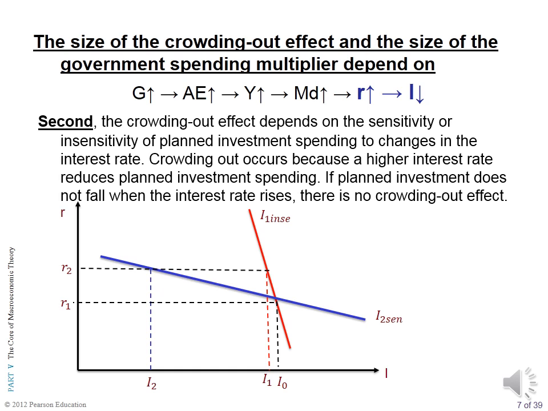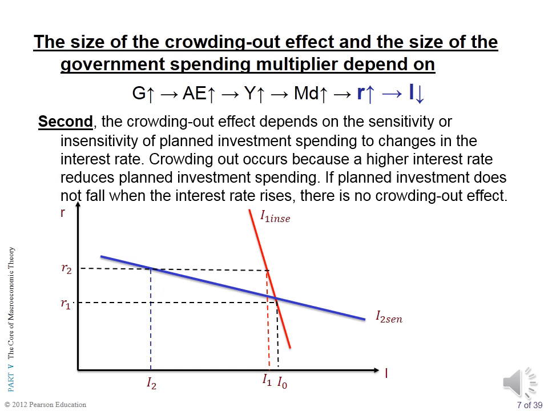Okay? If I have an inelastic or insensitive investment function, like the red line, the red investment function, I find the decrease in investment, the response of investment to an increase in interest rate, is very small. Okay, and therefore the crowding out effect will be very small.